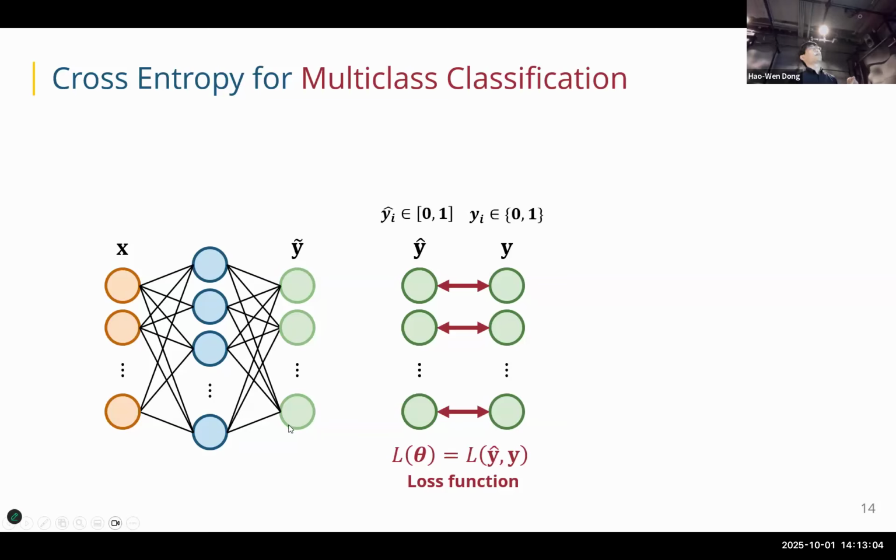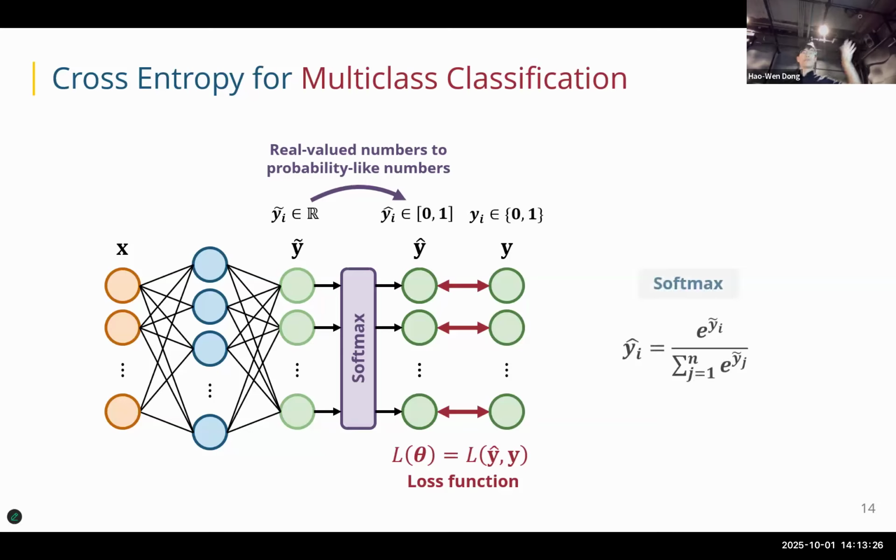We want to turn a bunch of real numbers into something that sums to 1, where you have a much larger probability on the correct output and lower probability for all the incorrect outputs. Real-valued numbers to probability-like numbers, and that's what we call softmax.